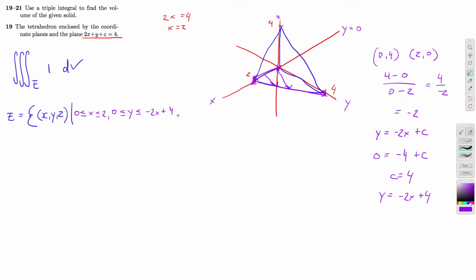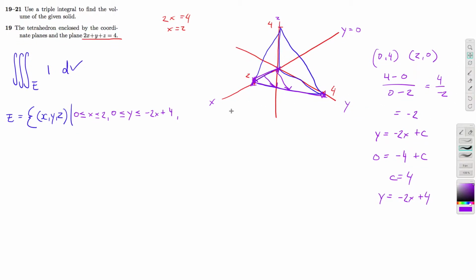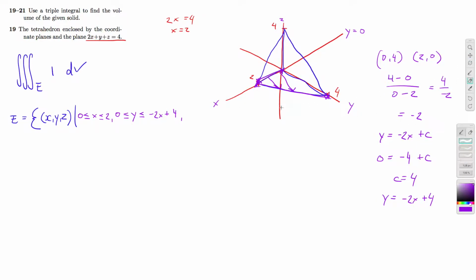And then your z. What's your z going to be equal to? Your z starts at the xy plane, and whenever it's on the xy plane, it's going to be 0. It's less than or equal to, so it's going up, hitting this plane, and we know what that plane is.